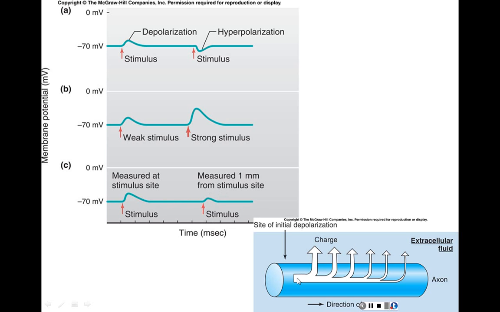As you move away from the site of initiation, the signal becomes weaker. Summation is the only thing not depicted here. If we added another depolarization, say right in the middle, that would be summation, and we could boost the magnitude of this signal.